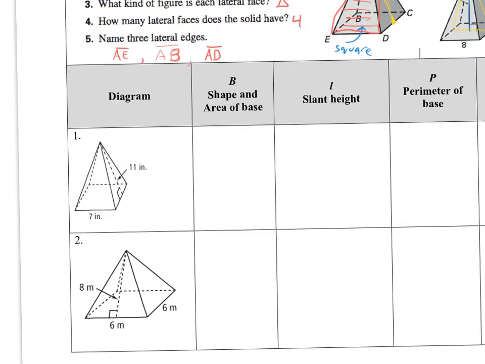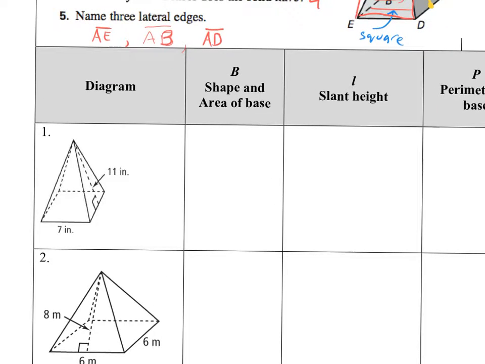So let's look at the very first one here. The shape of the base is going to be a square. And the area, I'll use the capital B for that. B is going to be 7 squared, which is 49. I'll leave out the units for now until we get to the very end, units being square inches.